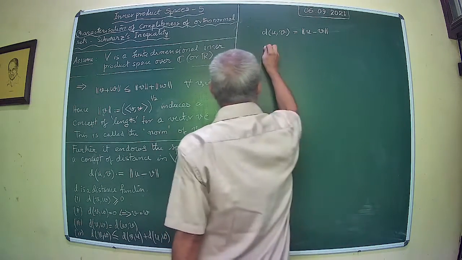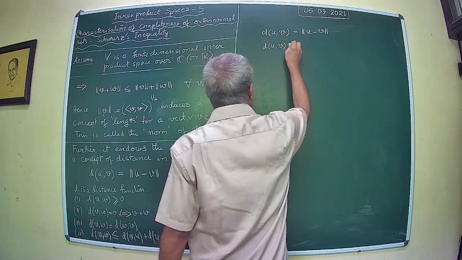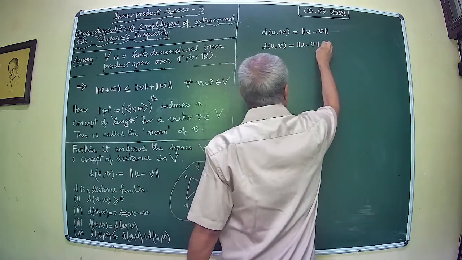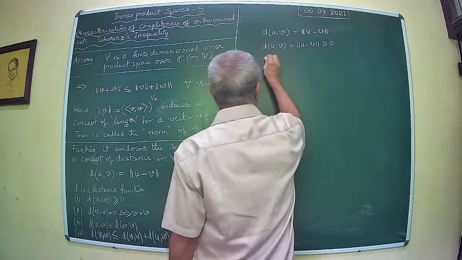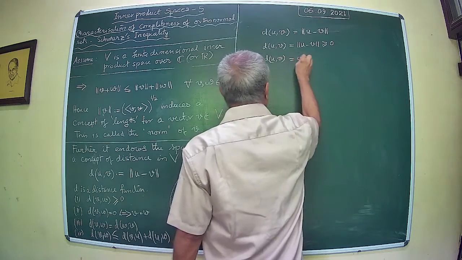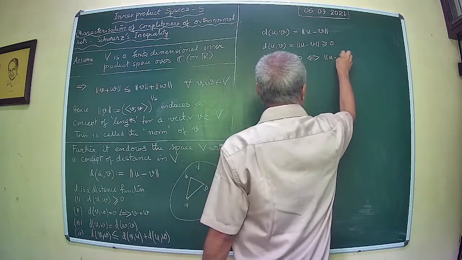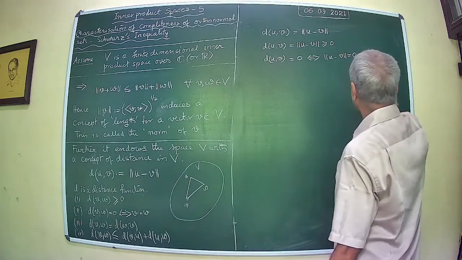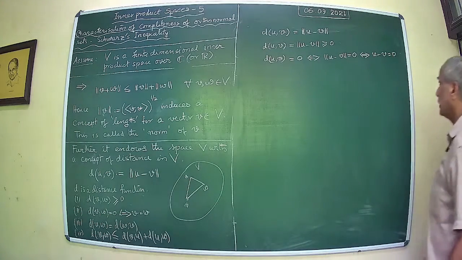Okay, now you know that norm is positive and norm of the vector is zero only if that is u equal to v.